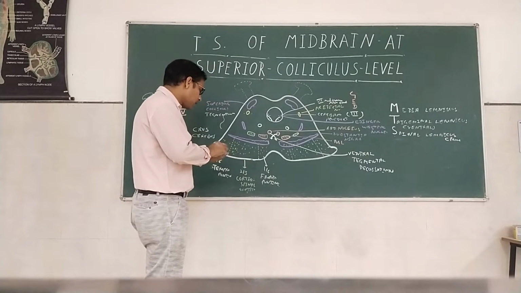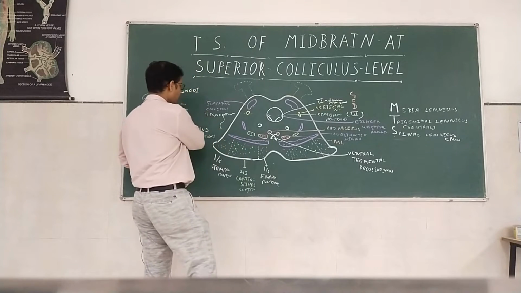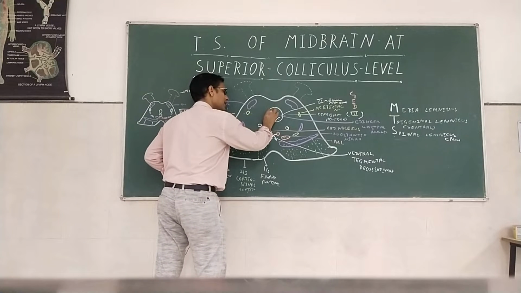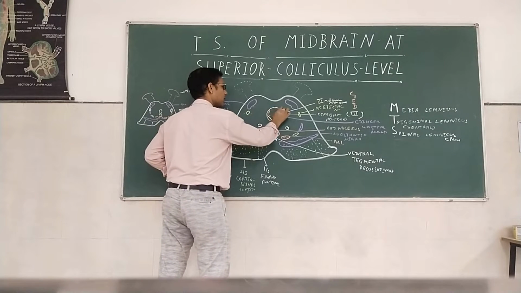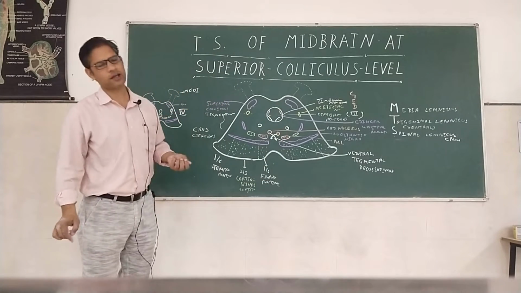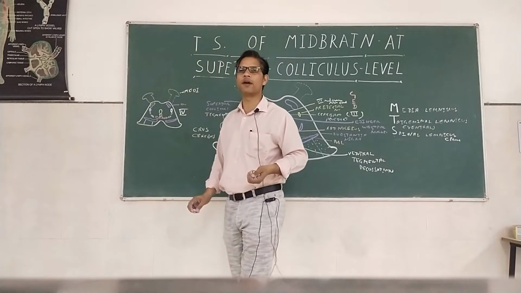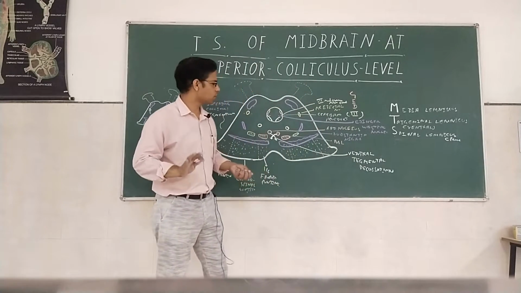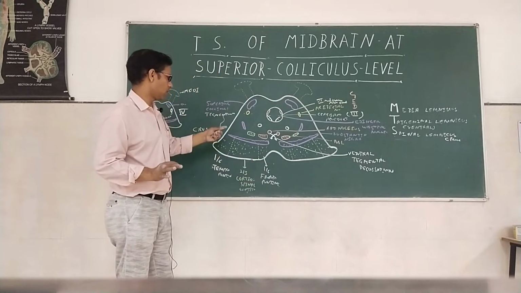Again, one similar thing is present in the inferior level and superior level also, the mesencephalic nucleus of the trigeminal nerve. We discussed a lot in the pons and in the inferior colliculus level the mesencephalic nucleus of the trigeminal nerve, so we will not discuss much about this one.